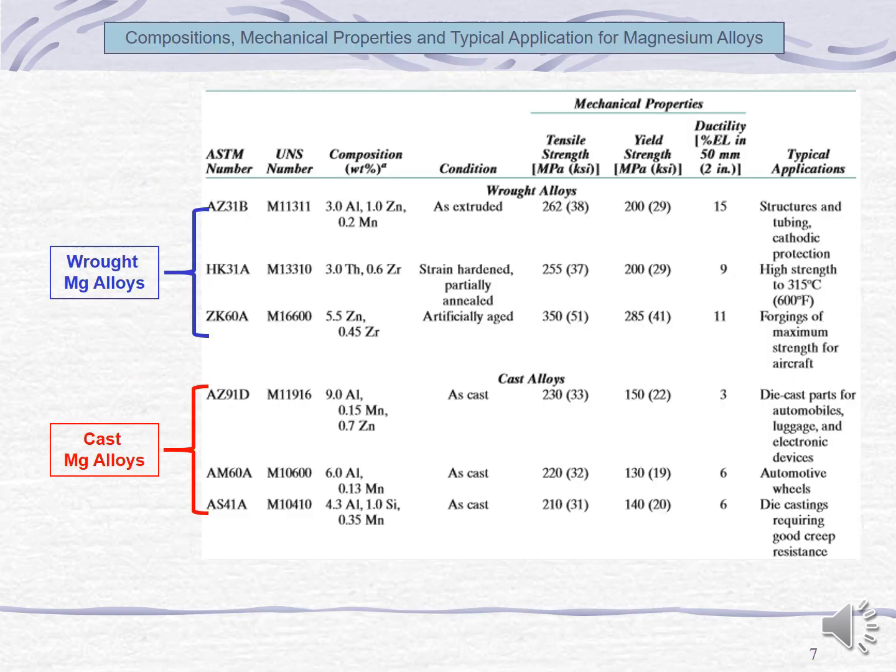Magnesium and its alloys can also be divided into wrought and cast alloys. Here you can see the ASTM number and the UNS number, based on the composition of the magnesium alloys. You can also see the tensile properties, yield strength properties, and the ductility.